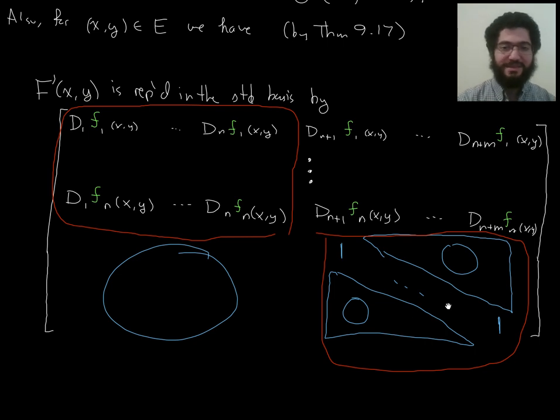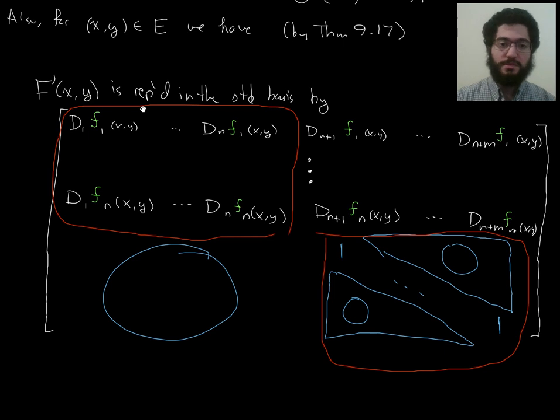I don't know if that's an official term, but this is a feature of block upper triangular matrices. For a regular triangular matrix, the determinant is the product of the entries on the diagonal. For a block upper triangular matrix, the determinant is the product of the determinants of the diagonal blocks. So the determinant of this matrix is the determinant of this block times the determinant of this block.